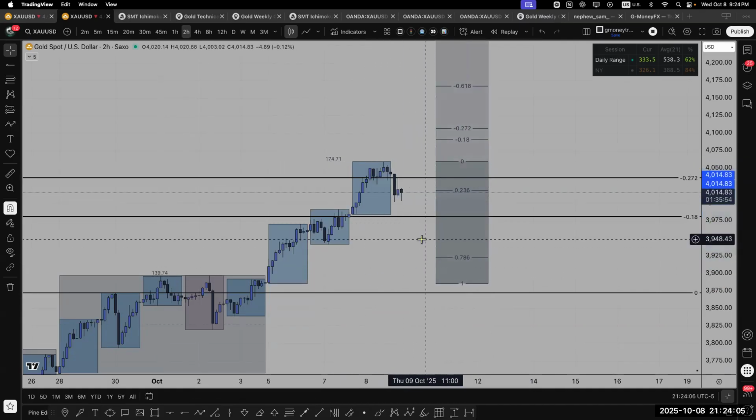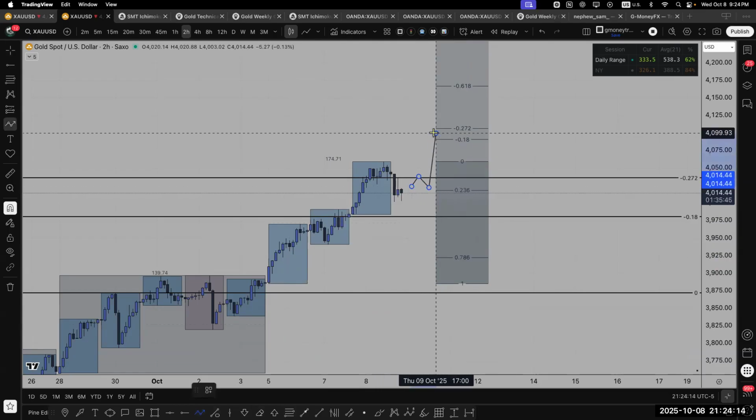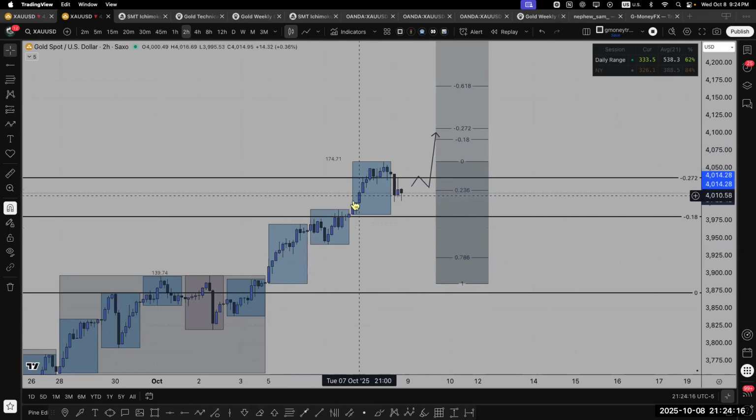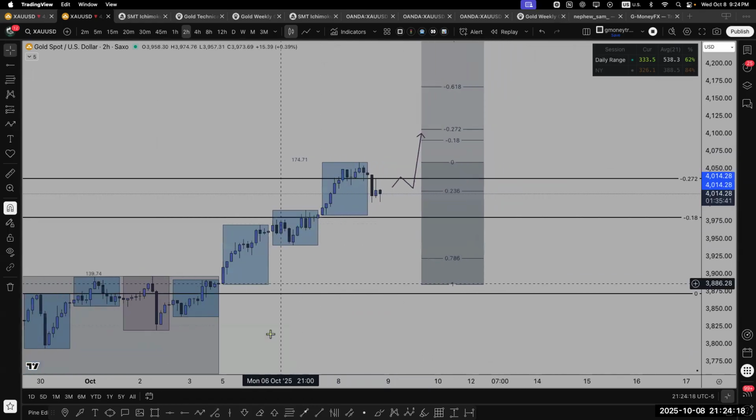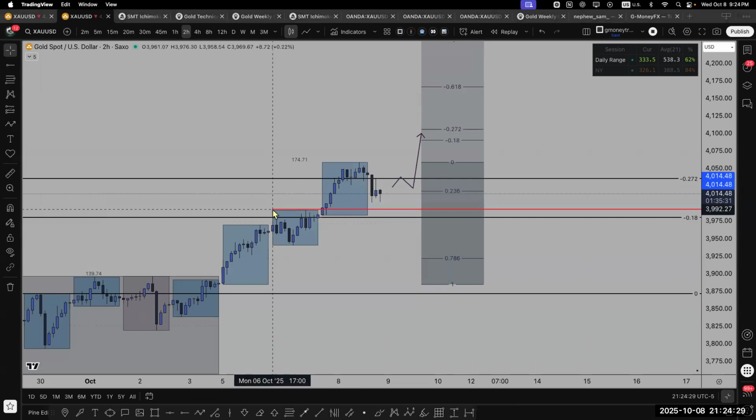Right there. So this is a decision area. If price can stay above it, it'll trend up, completing another extension based on this 3-day swing, or it can come back and test the high of Tuesday, which is about the 50 of that.